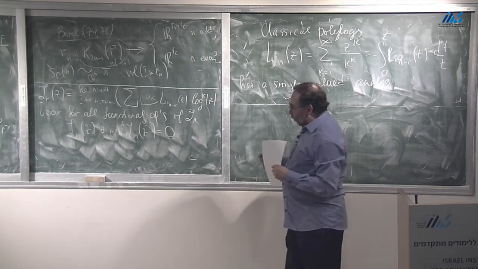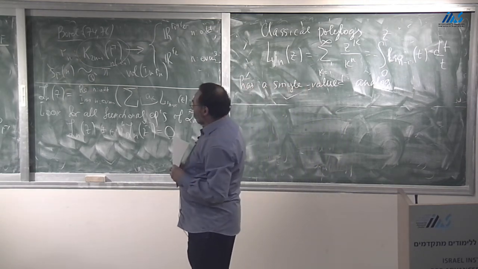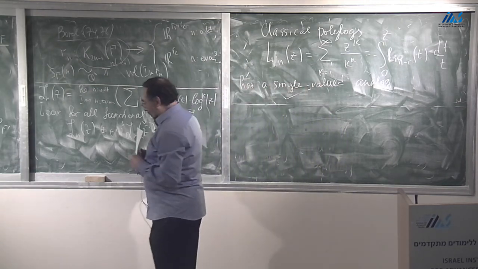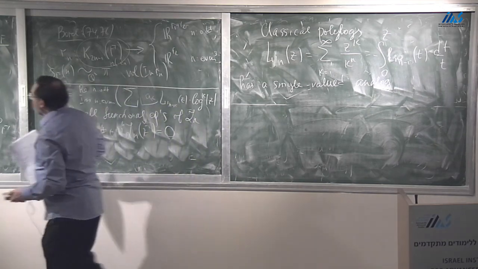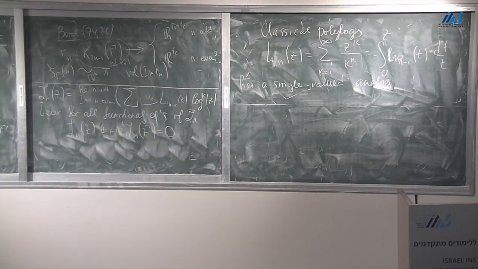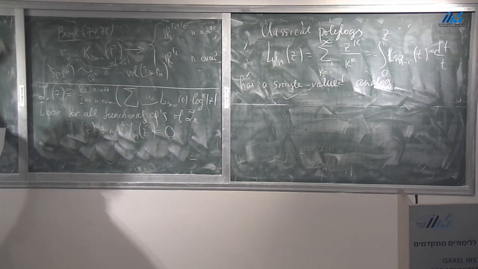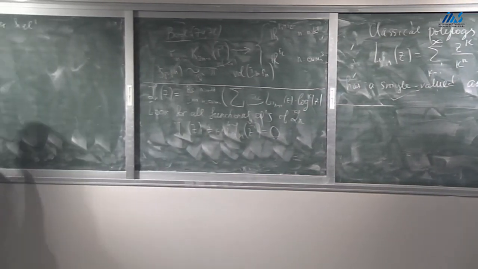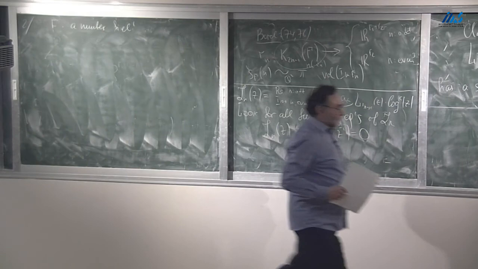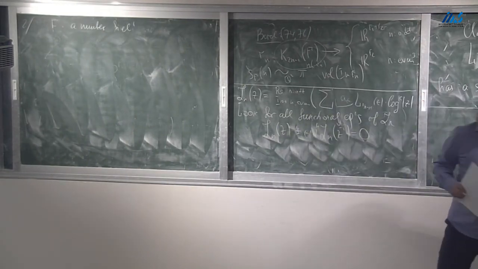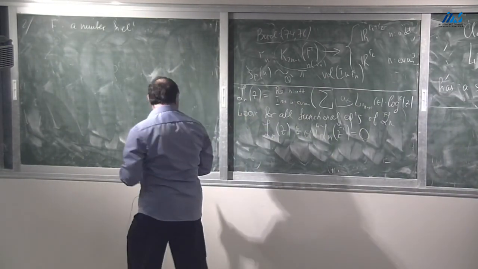On the other hand, when n is small, functional equations exist and we know all of them. For example, when n equals 2, the statement is this.